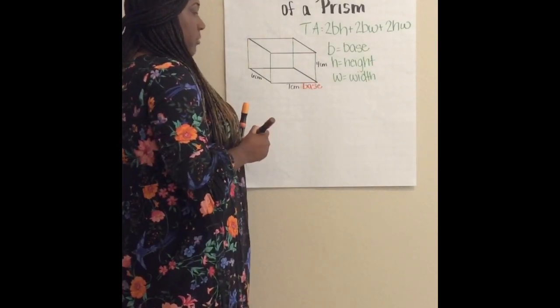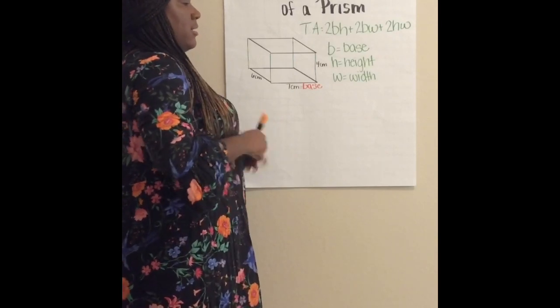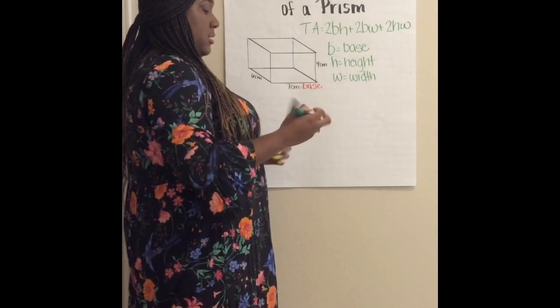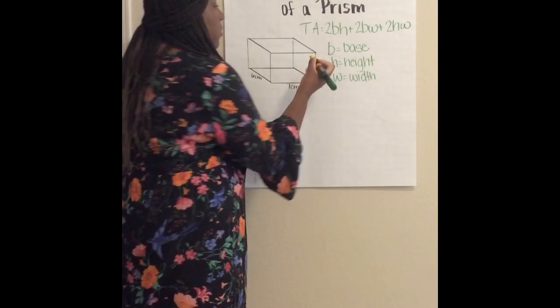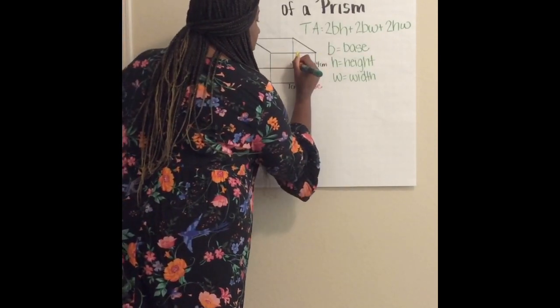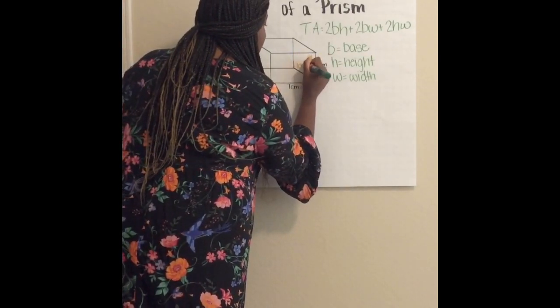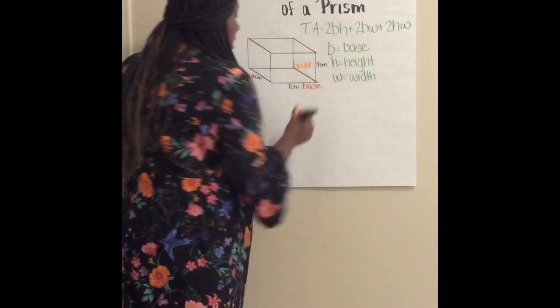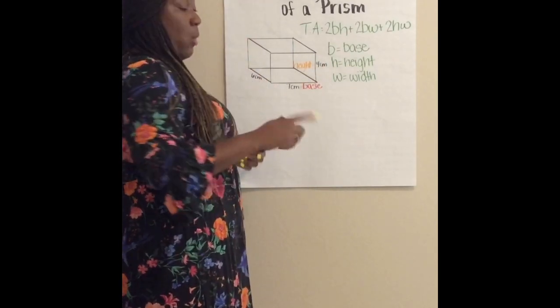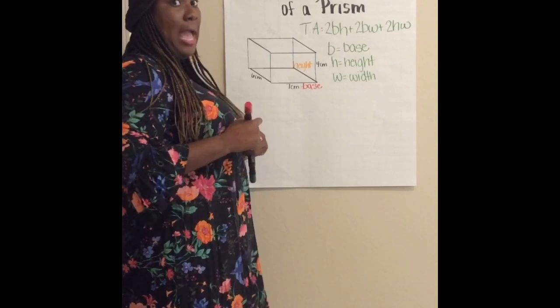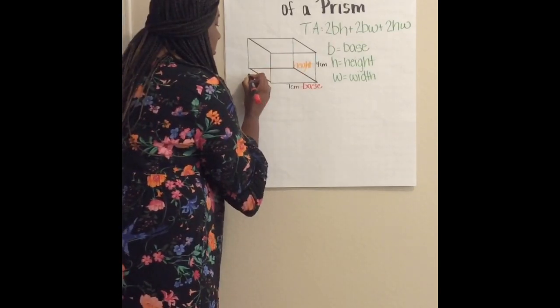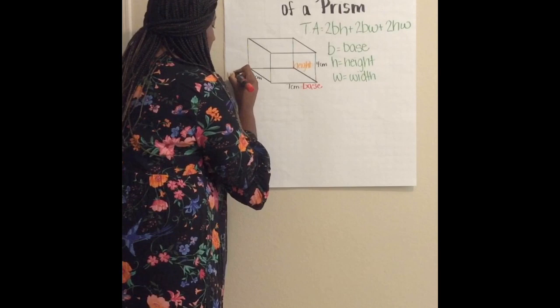When you think of height, think of how tall it is. So this 4 is our height. And when you think of width, it's how wide something is. So this 6 represents our width.